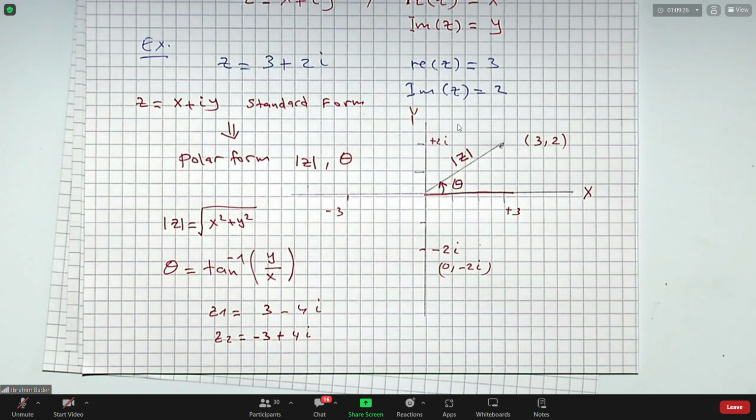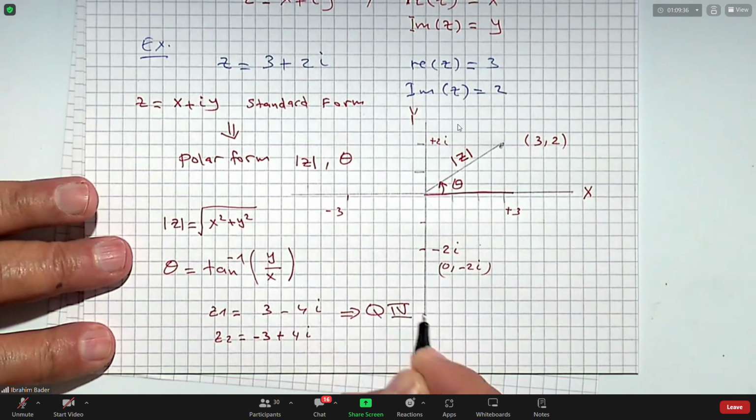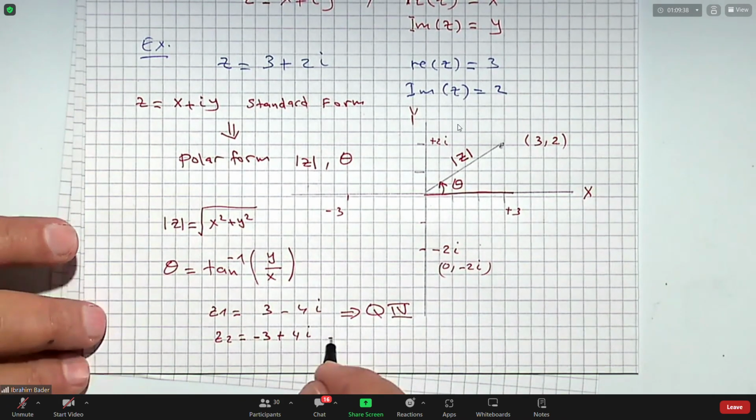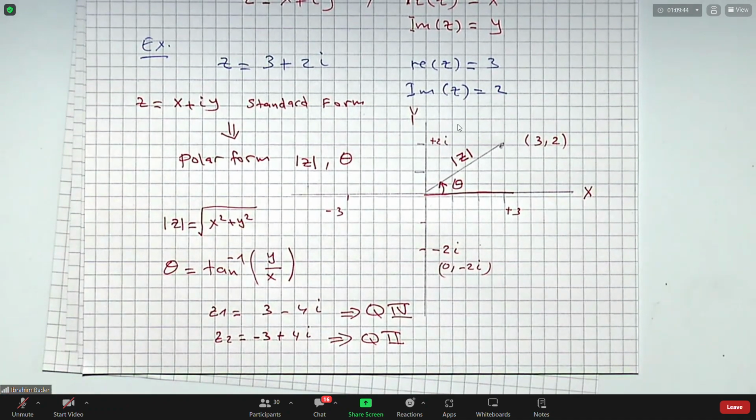X positive, y negative. Which quadrant is this one? This one is in quadrant 2. And ultimately, the value of the angle will also depend on it. So that's why at the beginning, ask yourself a very primitive question: to which quadrant does this ordered pair that represents this complex number belong? After you answer this question, you will do your calculation at the end.